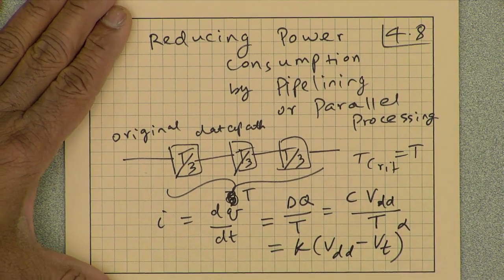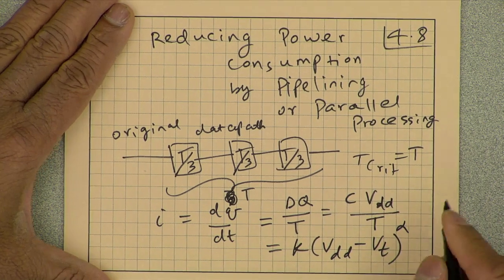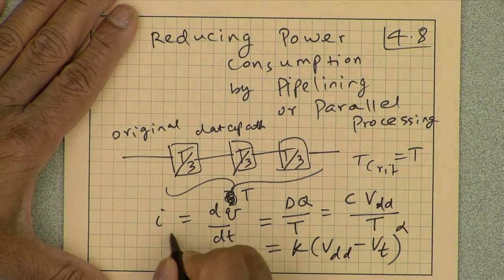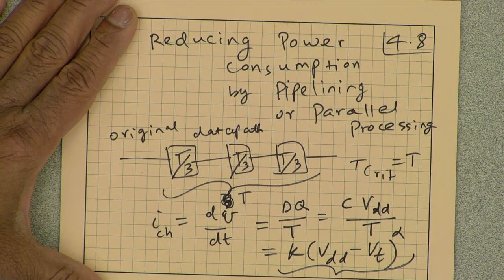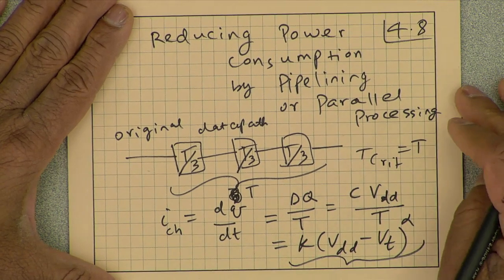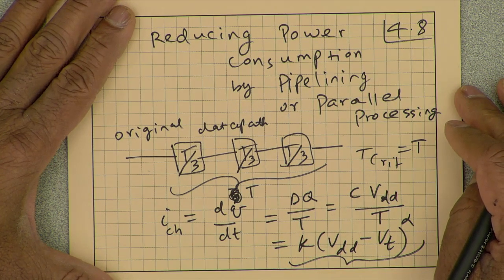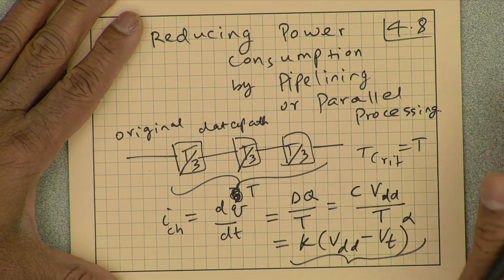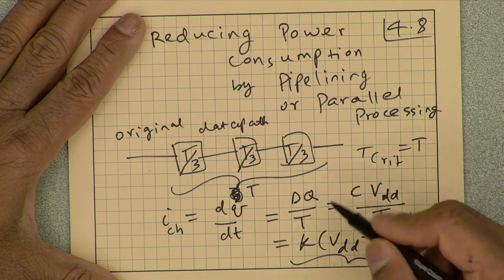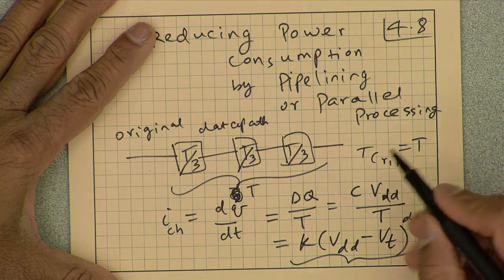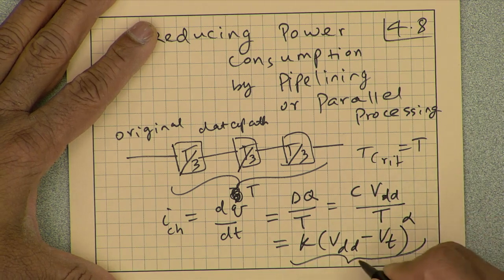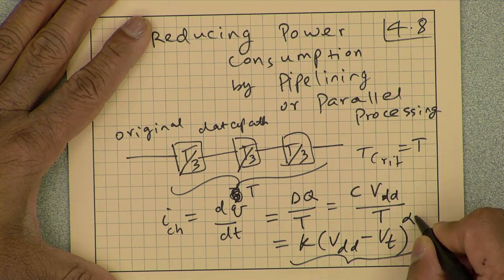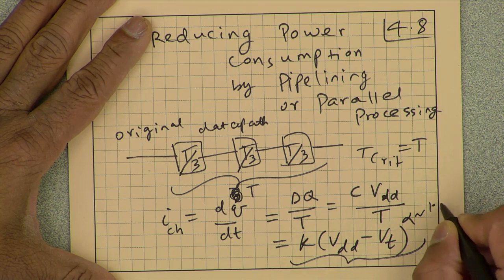So in CMOS, the charging current is given by this equation: some constant k, which is proportional to the mobility, the oxide capacitance, and so on, and proportional to W over L. We don't worry about that. It is some constant k times (VDD minus Vt), the supply voltage minus the threshold voltage, to the power alpha.